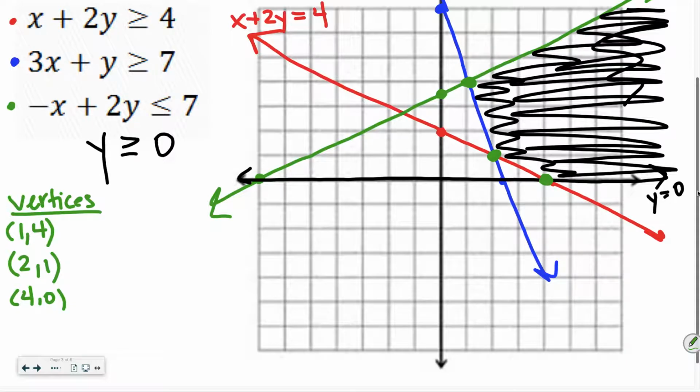Okay, take 1 minute and find me the z values for each of those 3. Don't make a decision, just find me the z values. Z equals 4x plus 2y.